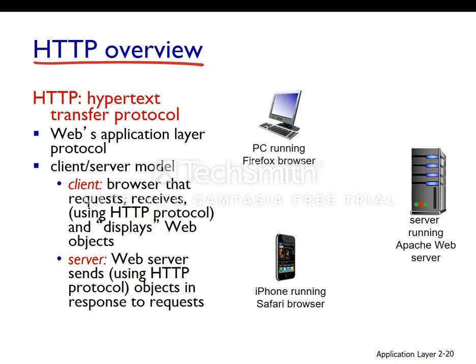The server, the web server, will use the HTTP protocol to send objects in response to requests. I should point out today the most popular client is the Google Chrome browser, and the most common server is actually the Apache web server.